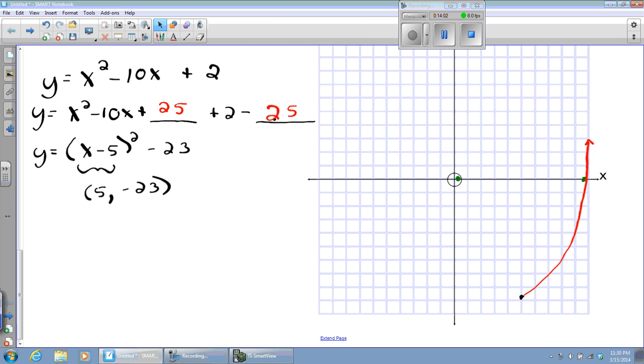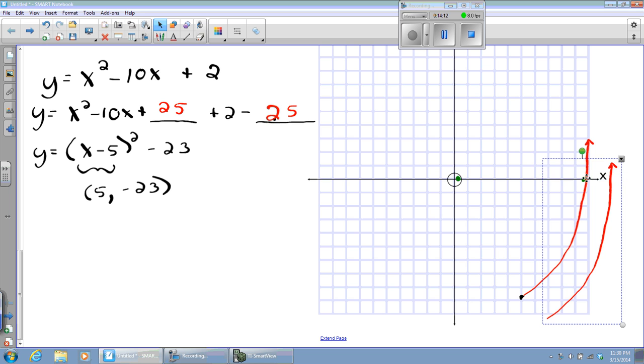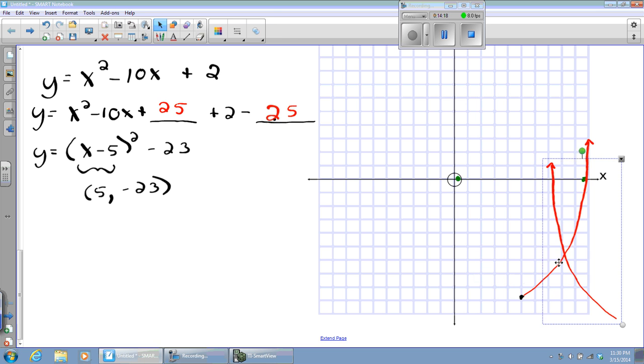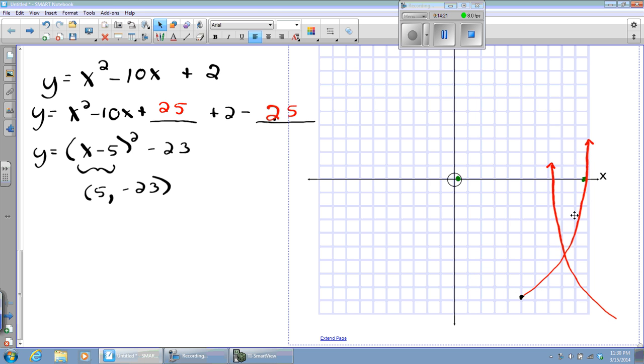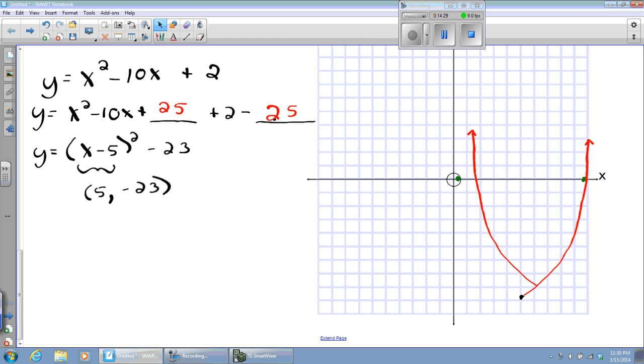I think everybody for my ability to clone and flip, because this is going to be the best looking parabola I think I've ever done. Oh no, I lost everything. Got the wrong piece. Let's see, there we go. That's going to be probably the best looking parabola I've ever done using the airliner.